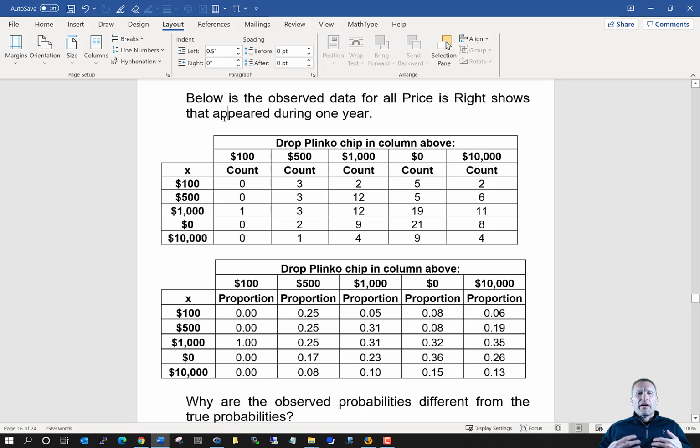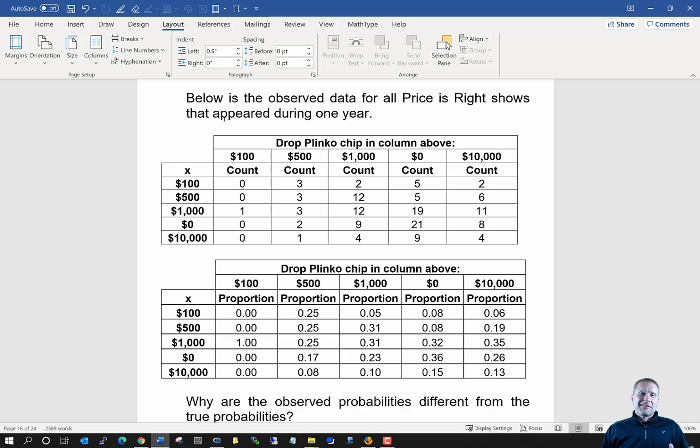So, now, this game has been played for many, many years in The Price is Right. And so what I decided to do once was to actually record all Price is Right episodes that appeared for 1 year on the TV. And whenever the game was actually played, I kept that recording, otherwise I deleted it.